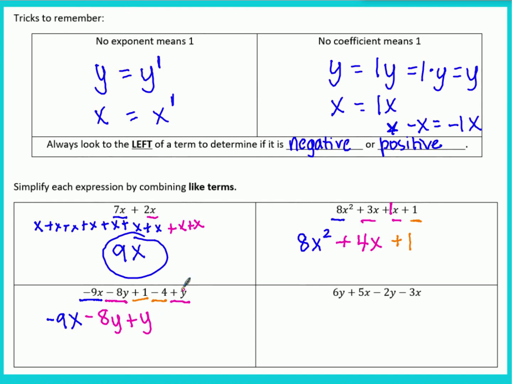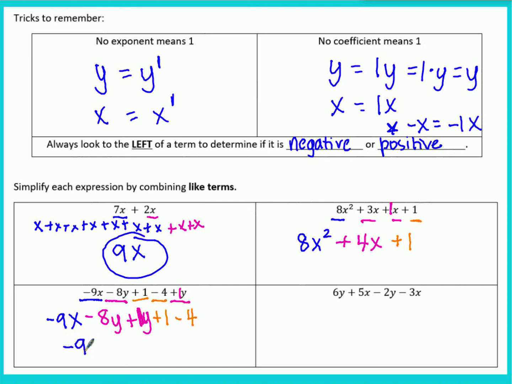And remember, if you want, you could always add a 1 there to remind yourself that means that's 1y. And then we had our constants. So we have plus 1 and minus 4. All I did in that step is just move things around so I could see these things next to each other.